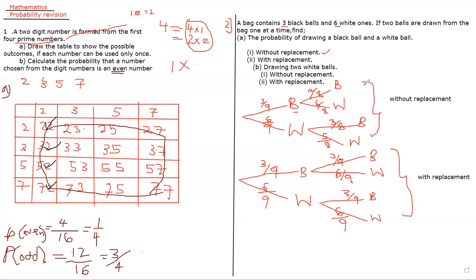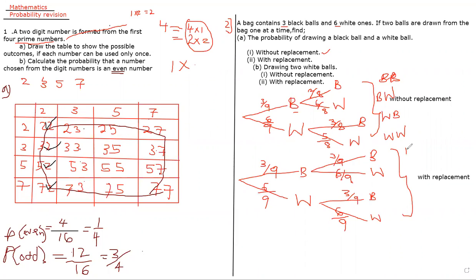Sometimes they can ask you to find the sample space. For the sample space, just write BB. That is pick black and again pick black. You can also pick black and white. You can also pick white, black. You can pick white, white.